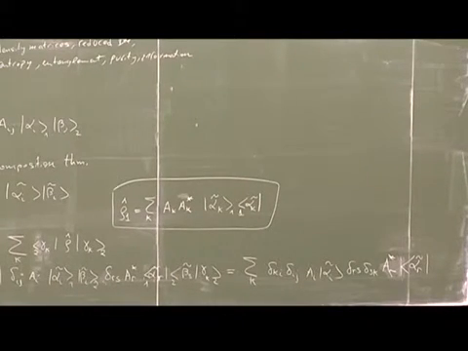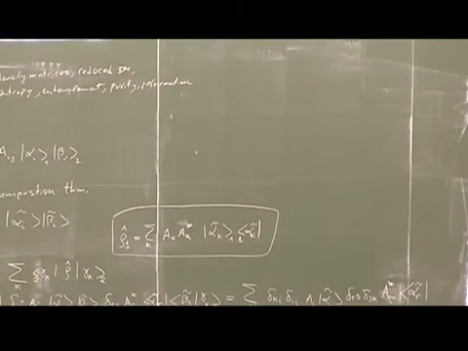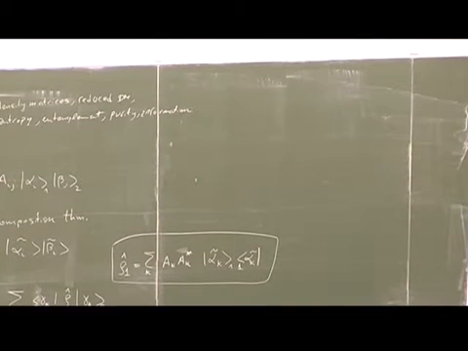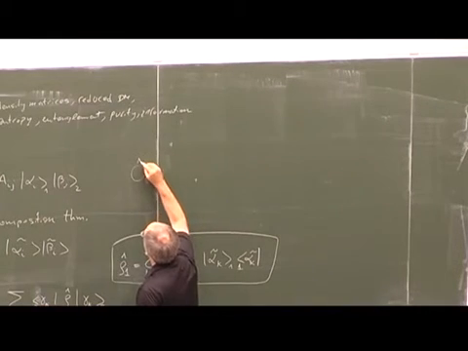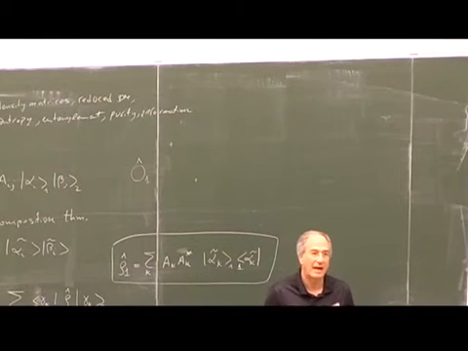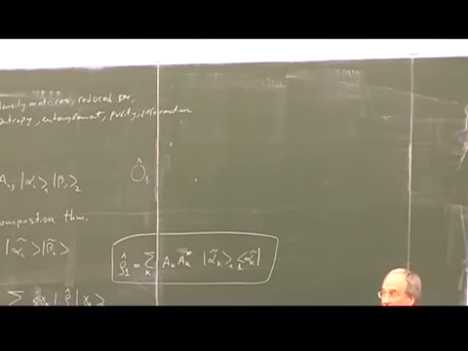Now, this is the reduced density matrix, and now we find a very good use for it. Suppose that we have an operator that acts only in Hilbert space 1. We can define operators like that.